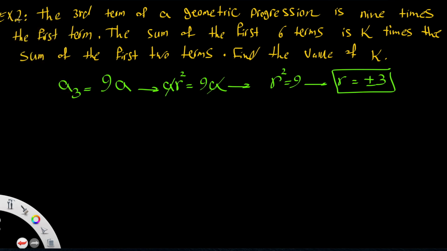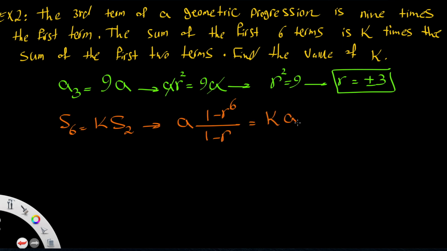Now, using the second statement given in the question, the sum of the first 6 terms, S6, is k times the sum of the first 2 terms, S2. So S6, a times 1 minus r to the power of 6 over 1 minus r, is equal to k times a times 1 minus r squared over 1 minus r.